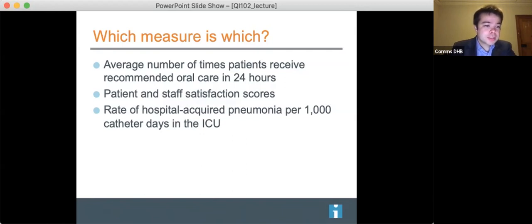So the second one is, yes, Caroline, a balancing process. For example, in one of my previous projects, I was trying to improve access to straight to test colonoscopy for patients who had suspected colorectal cancer.